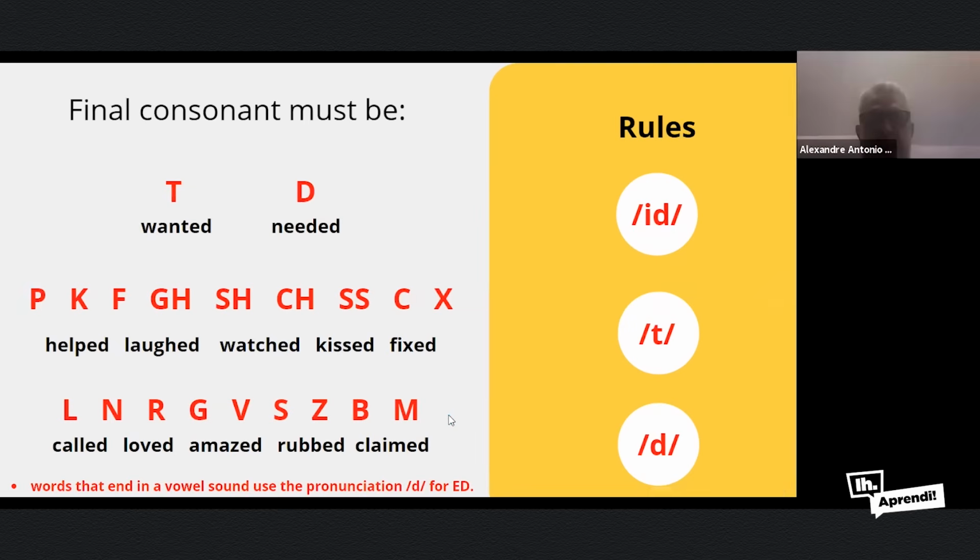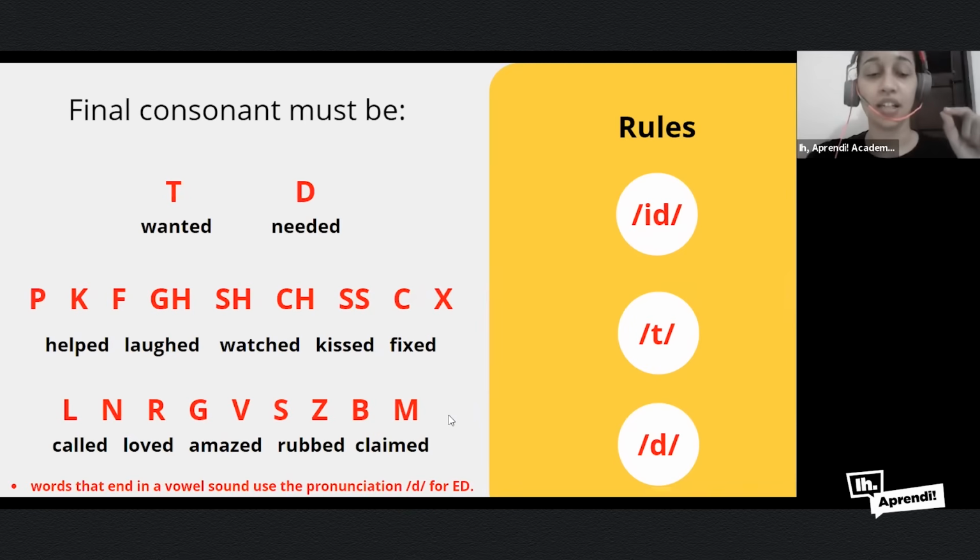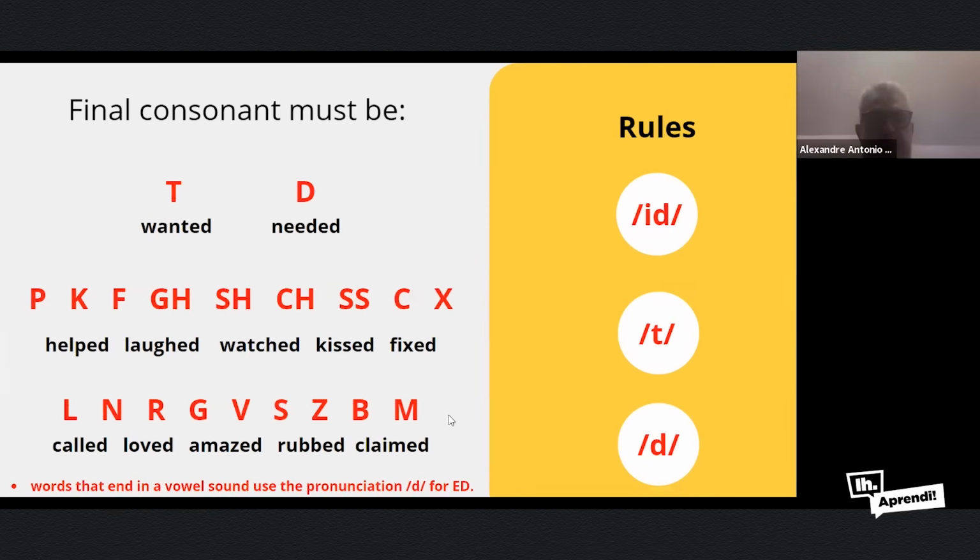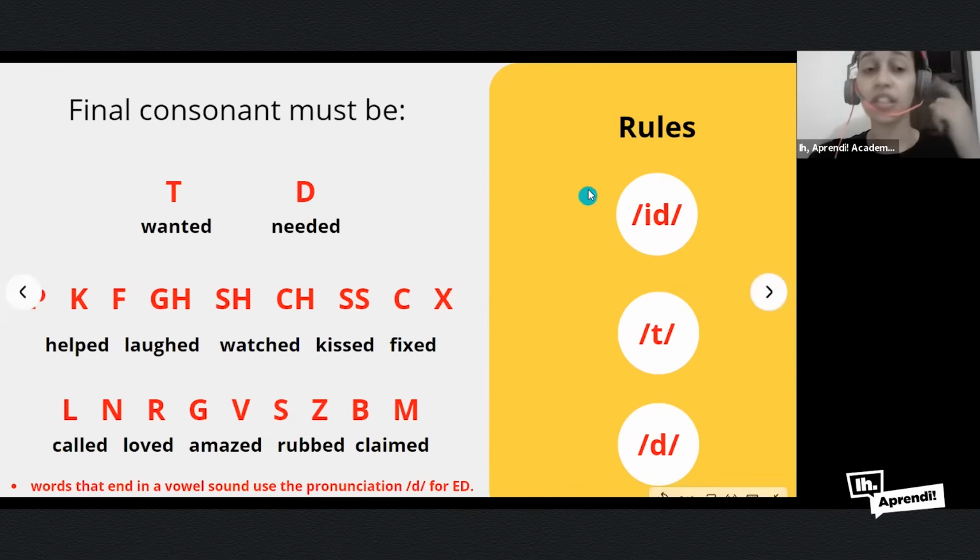Fixed. Fix. You have a T sound at the end. Helped, left, watched, kissed, fixed. Guys, you can try to repeat the words, all right? I'm not seeing all of you, but please try to pronounce and practice the words.